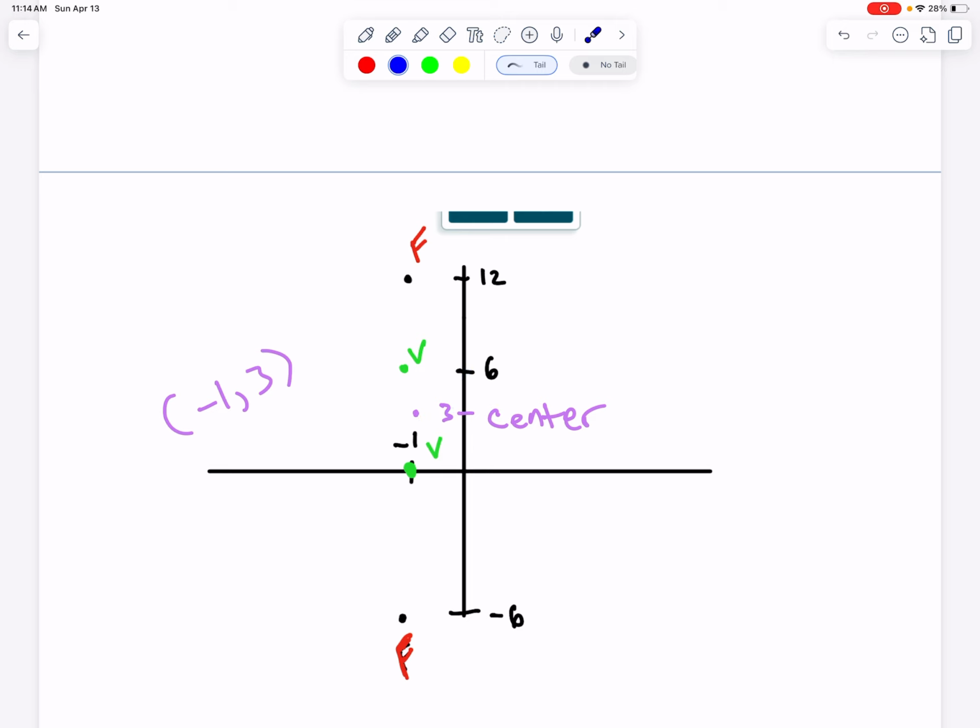By the way, you could also use the distance between the two foci to determine that as well. Notice that if you go 12 plus -6 divided by 2, you get 18 over 2, which is 9, which means if you dropped 9 from 12, you would also get 3. So you can use that as well.